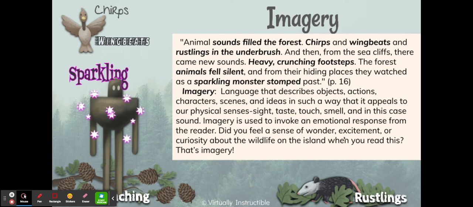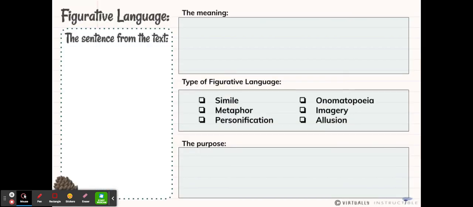Did you feel a sense of wonder, excitement, or curiosity about the wildlife on the island? So in my examples, I kind of talked about the purpose of the language and what it was doing in the text.